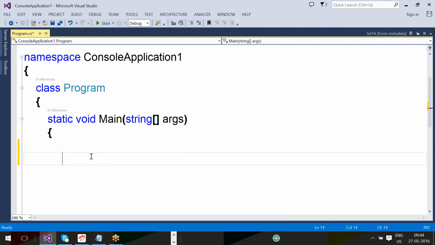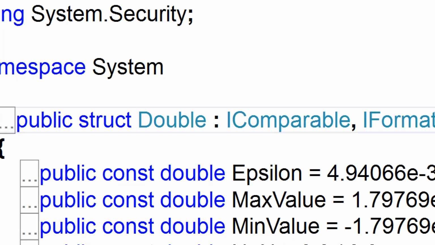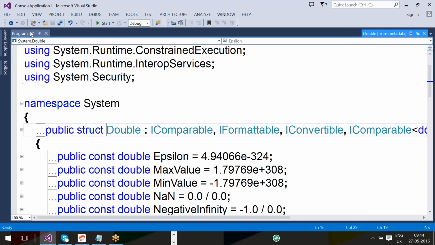Three. Among that you can check double. Open your IntelliSense: keep the cursor on that particular item and press F12. Now you can see double is a predefined structure. It is a part of a base class library called System.